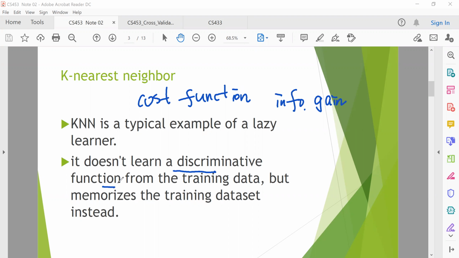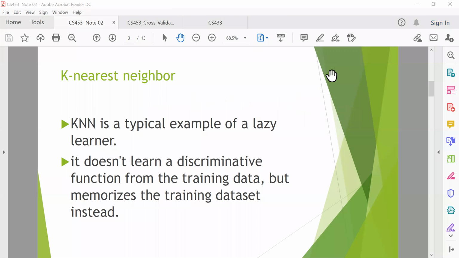It's a lazy learner, okay? So it doesn't learn a discriminative function, so we don't have a cost function or some information gain to calculate. But it says it memorizes the training data set instead. So what does that mean? Okay, so let's take a further look.